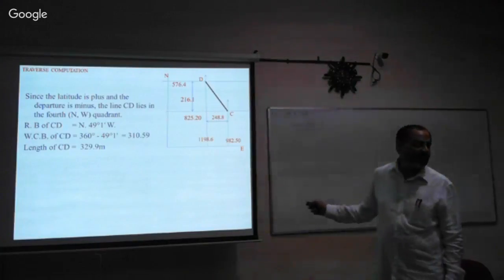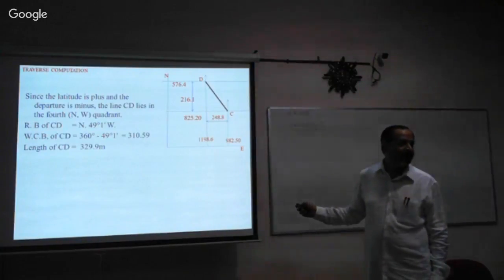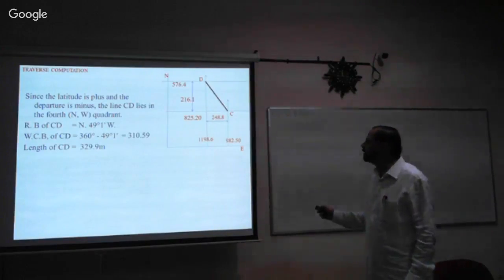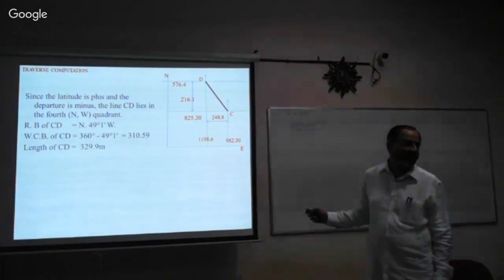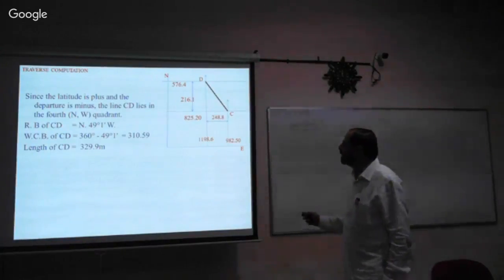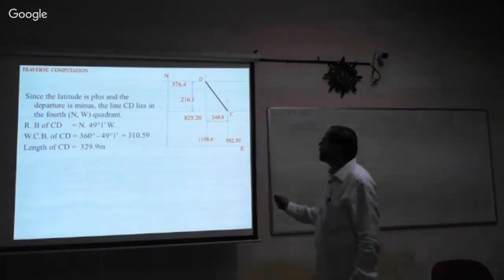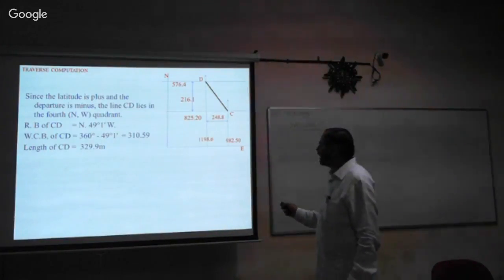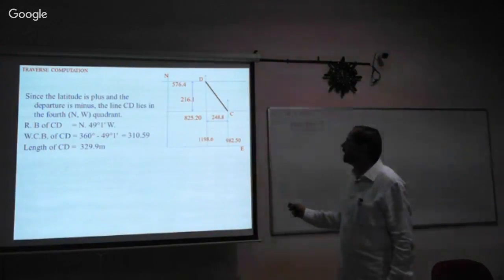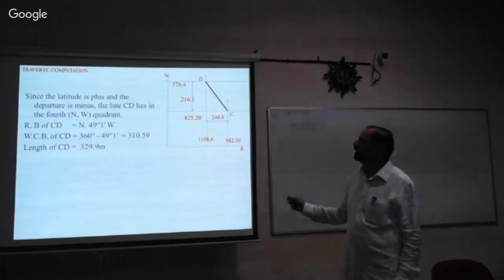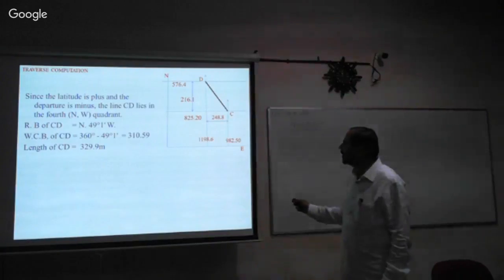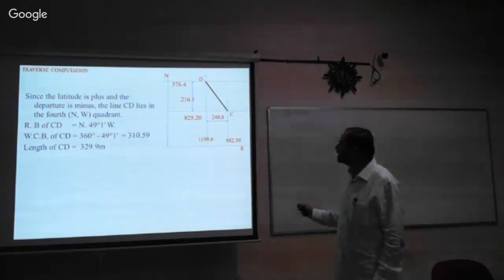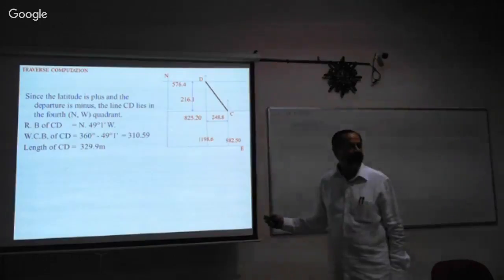In which quadrant is CD lying? Fourth quadrant. The latitude of CD is measured northward, so it is positive, and the departure of the line CD is measured westward.